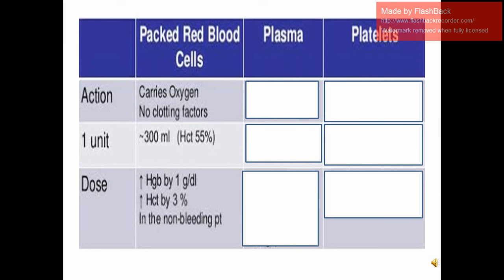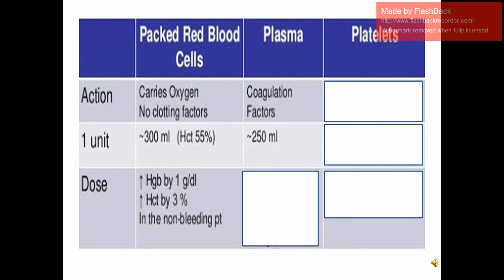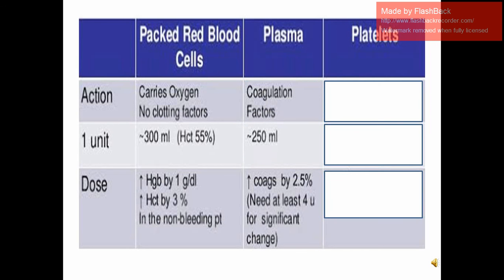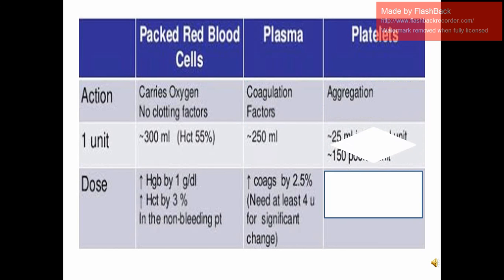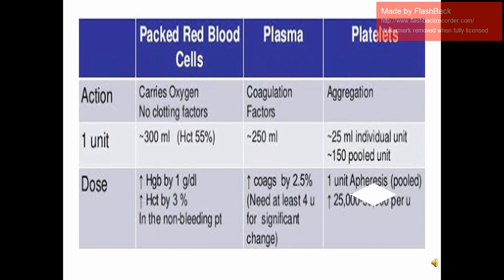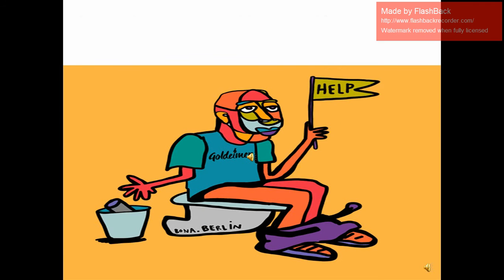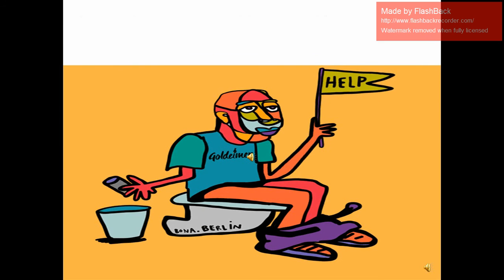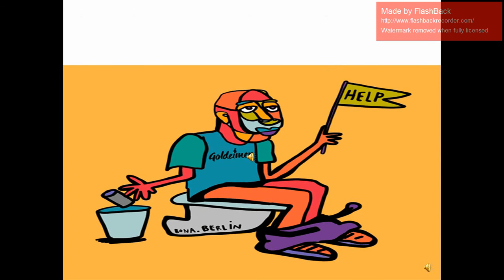Fresh frozen plasma is usually given to patients with coagulation problems, liver disease, or disseminated intravascular coagulation, since it contains clotting factors. The main indications for use of platelets are bleeding, DIC, and severe thrombocytopenia. Platelet concentrate is stored at room temperature and should be kept with constant agitation. Once initial resuscitation is done, we can now manage our patient appropriately.